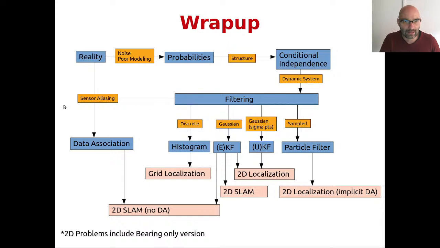And then, taking the sensor aliasing and the filtering implant, in particular the posterior distribution over the states of our filter, we cast the data association problem.